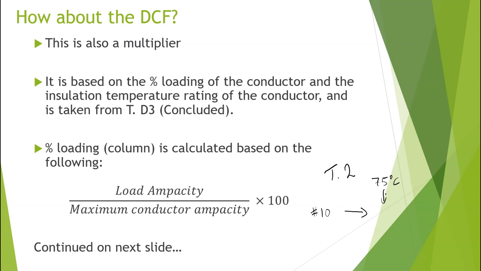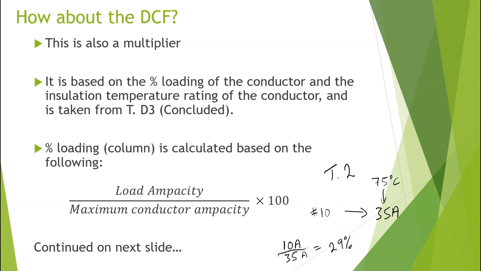So even if we were running R90, we would still use the 75 degree column. And what you would see there is that we are allowed a maximum of 35 amps of current on these number 10 conductors. Now we have to compare our actual load ampacity of 10 amps to this maximum allowable of 35 amps, and we end up with a value of around 29%.